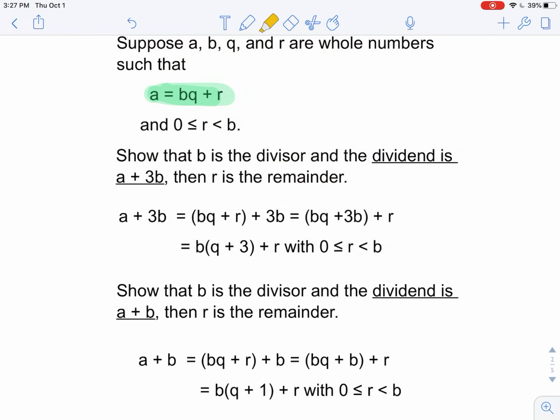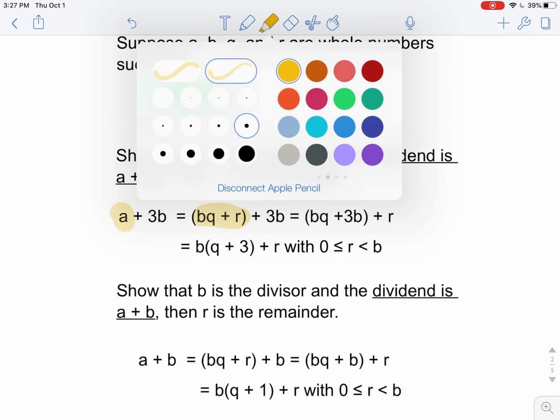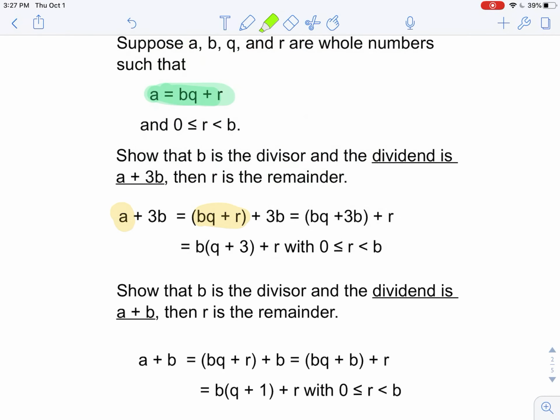Consider, I'm going to change up my colors here. All right, so we said that a equals bq plus r. So I'm just going to rewrite bq plus r instead of a. See what I did there? Now that I have written this, I take this bq plus r plus 3b, and I use the associative property and commutative property to rewrite it as bq plus 3b plus r, but now that's in parentheses.